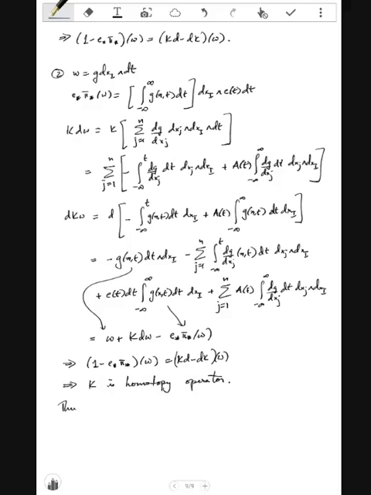Thus, as a result, we get that H of R, which we already saw, is isomorphic to H2.